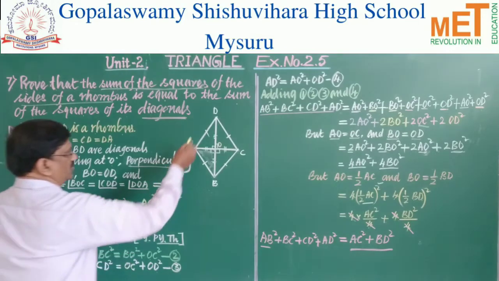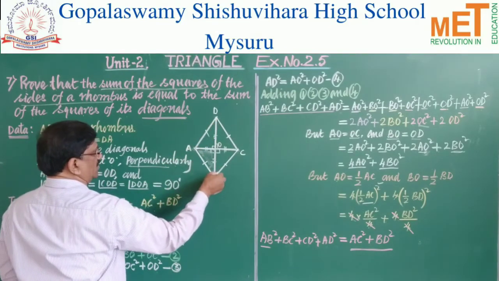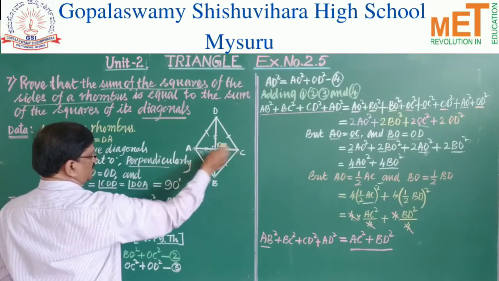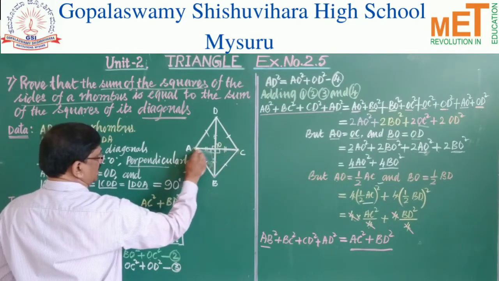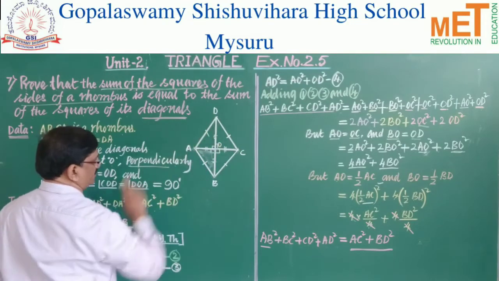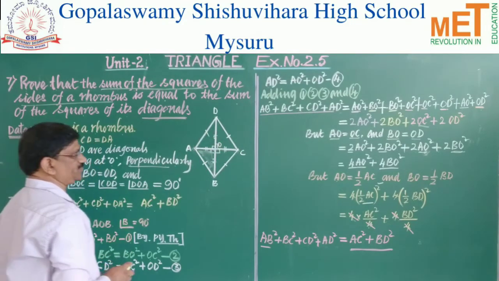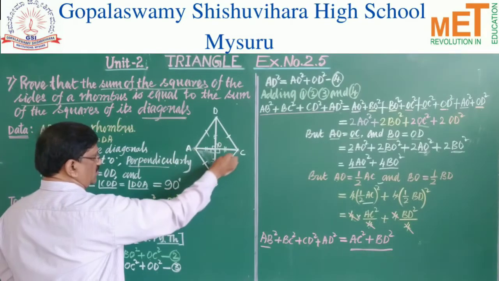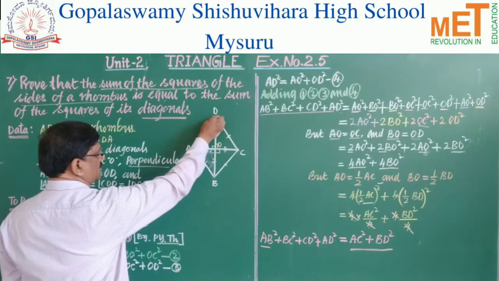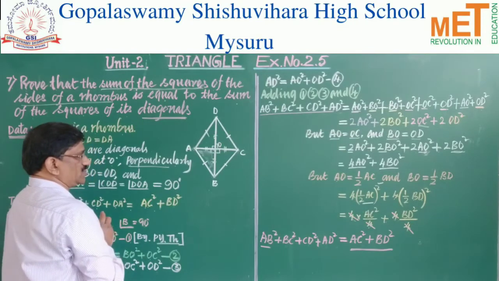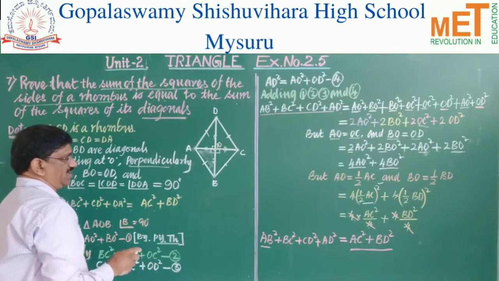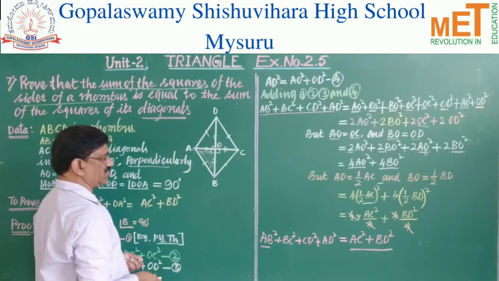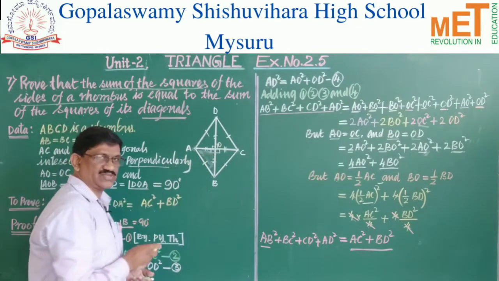So here I have drawn the figure, that is rhombus according to the statement, and the two diagonals AC and BD are drawn. Here you see, children, all sides are equal, that is AB is equal to BC is equal to CD is equal to DA, and also as stated in the beginning, the diagonals bisect each other perpendicularly. So bisect means what?